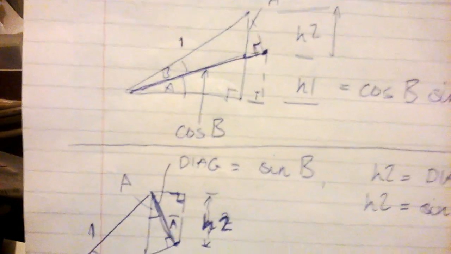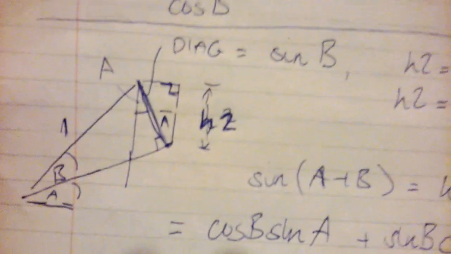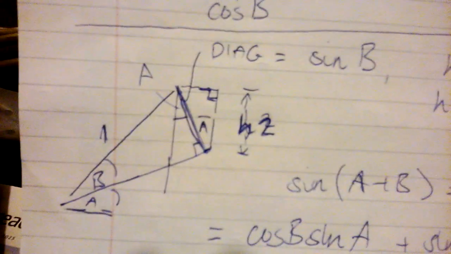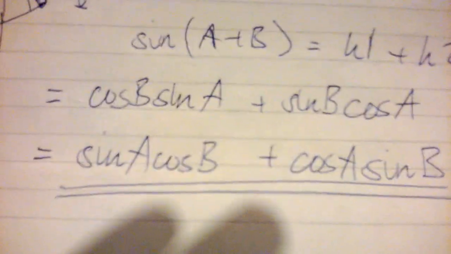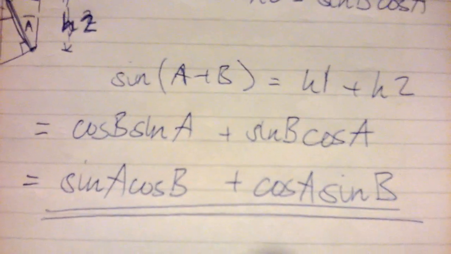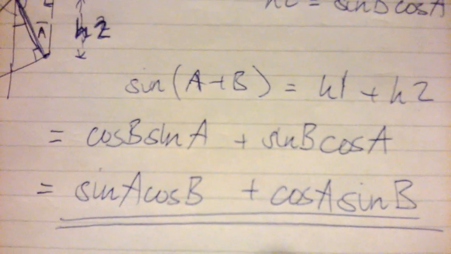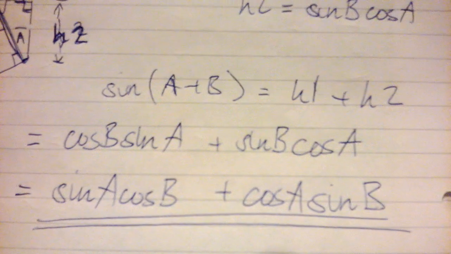It's all from that diagram that I've done another video on, and you could label them up differently to prove it for cos. But what I want to do is start off with the equation for sin(a+b), and then from that show you the equation for cos(a+b).